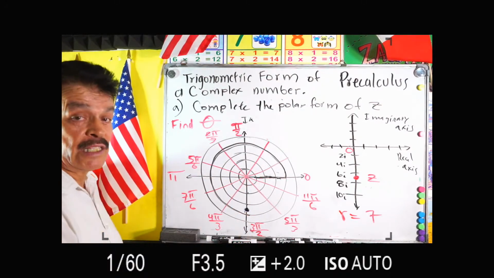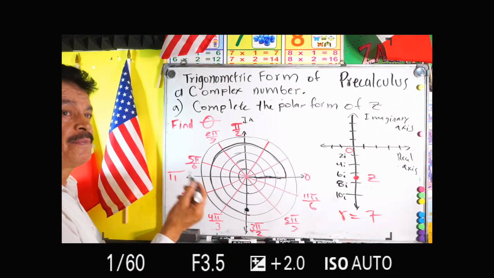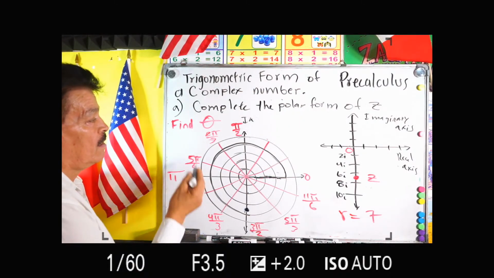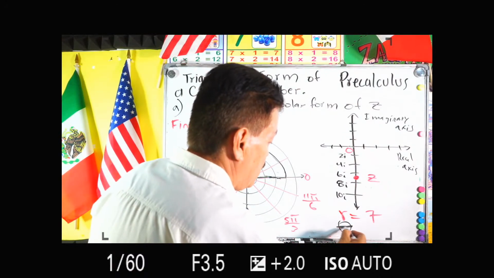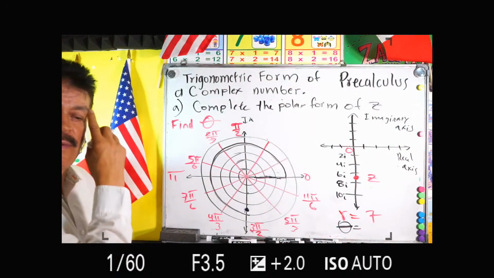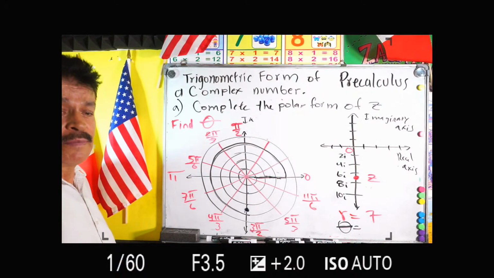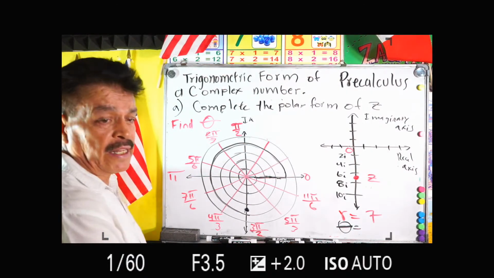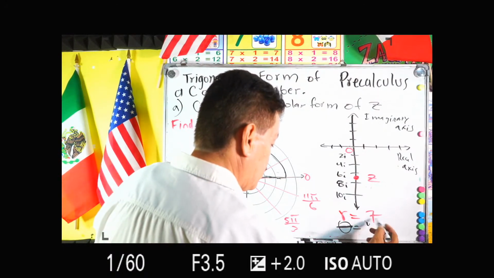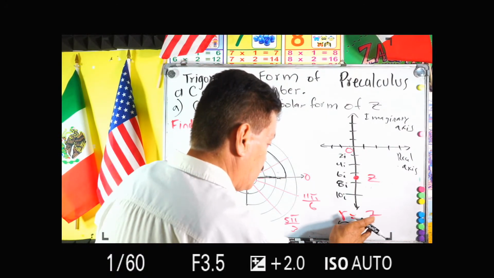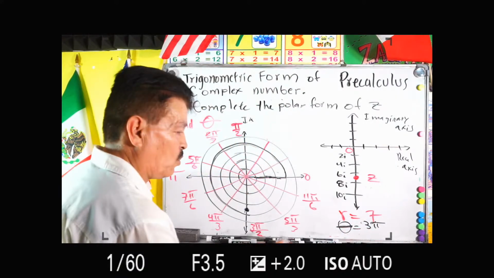So what is the answer then? How much is the angle? The answer is 3 pi divided by 2.